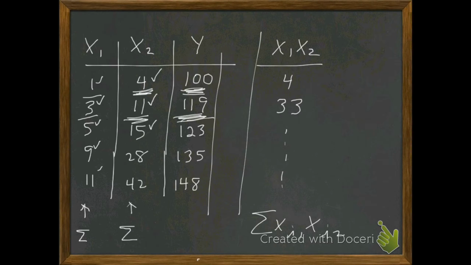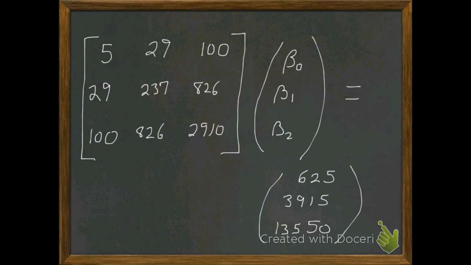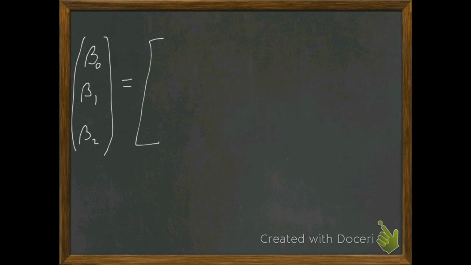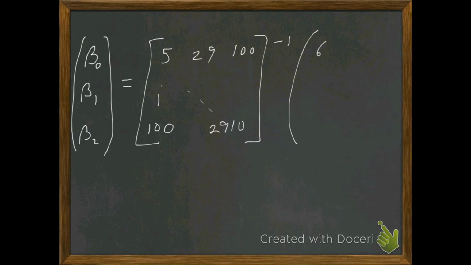table of numbers here. At the end of the day, we're going to see that beta 0, beta 1, beta 2 can be found by taking the product of the inverse of the first matrix times the last matrix that we created.